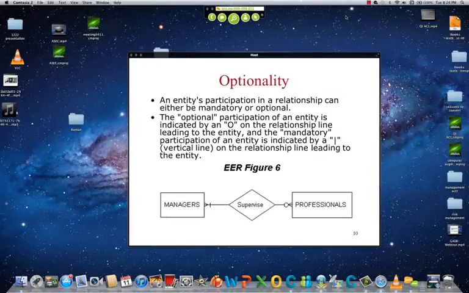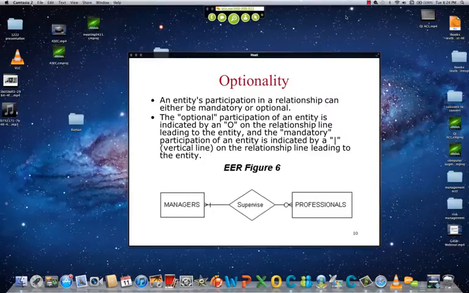Now, if you want to interpret this cross foot and this bar, you start from the opposite. You say a professional must, this is mandatory, must be supervised by at least one manager and possibly by many.